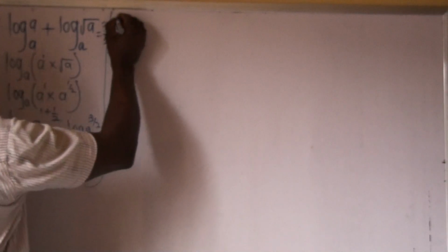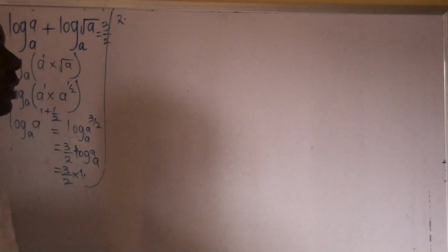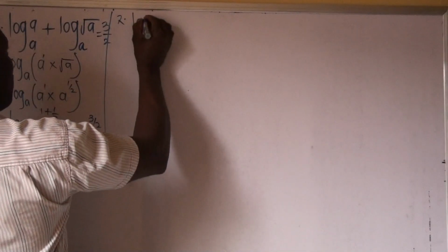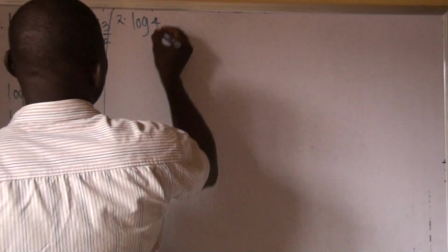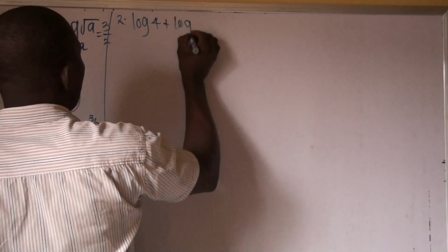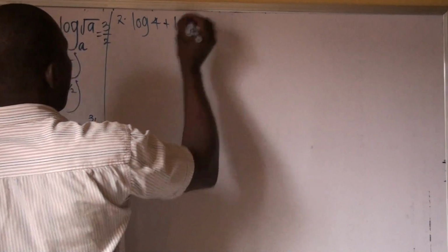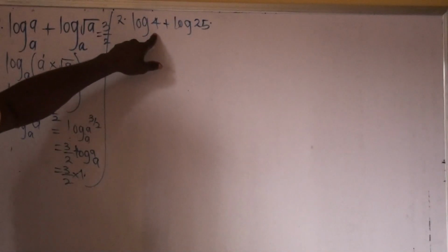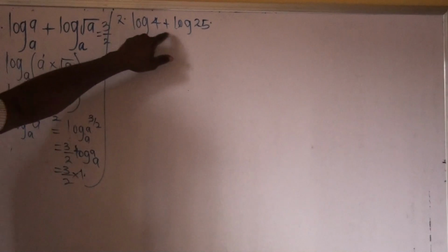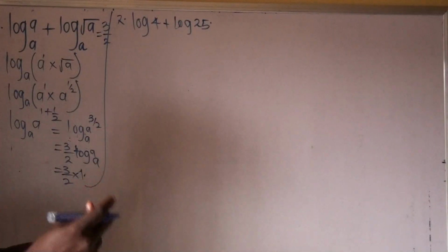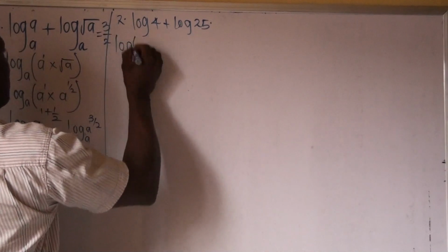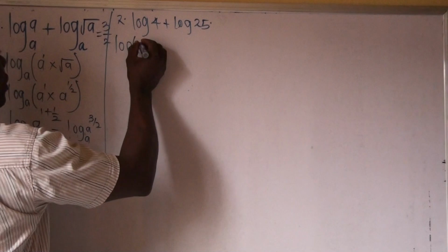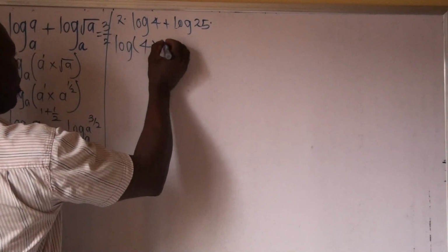The second question is, evaluate log 4 plus log 25. Observe here, the first thing you have to look at is the base. The bases are the same, and the next thing is to bring the log outside and look at the operation sign. This is addition, which becomes multiplication.